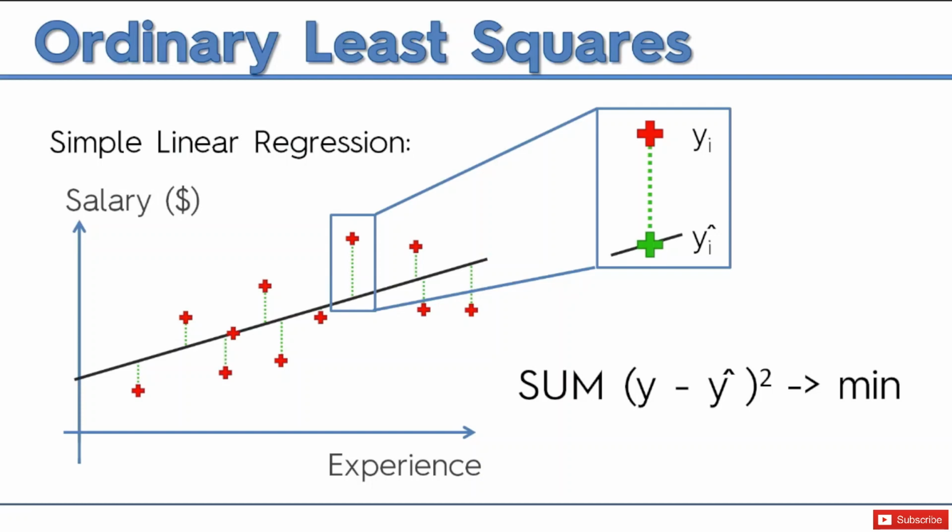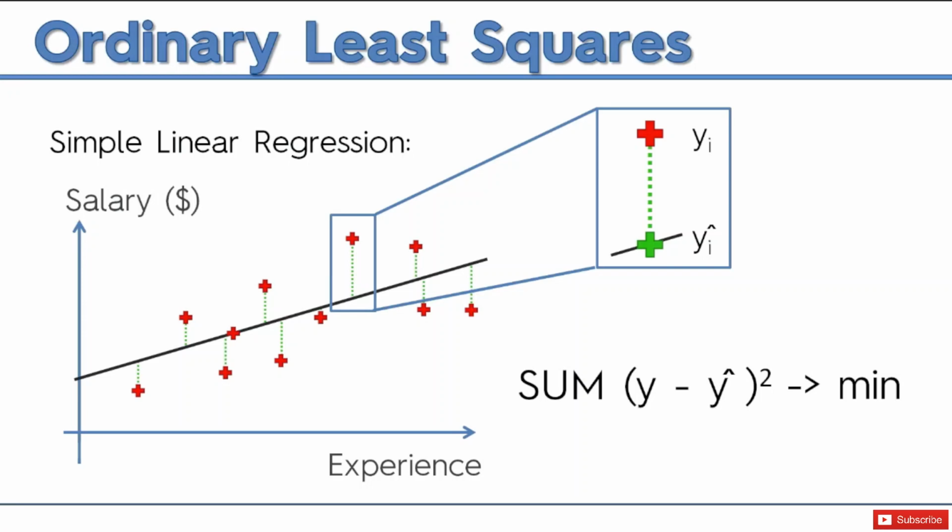The linear regression draws all possible trend lines through your data and calculates the sum of those squares every single time, and it records it somewhere in a temporary file or something like that. And then it finds the minimum one.